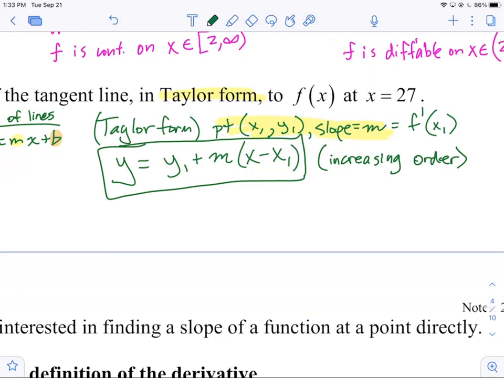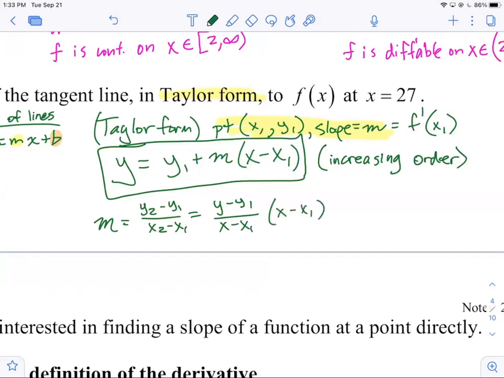To help you memorize it, just remember that slope in Algebra 1 is y sub 2 minus y sub 1 over x sub 2 minus x sub 1. Replace the y sub 2 with just y, so m equals y minus y sub 1 over x minus x sub 1. Now let's multiply both sides by x minus x sub 1.